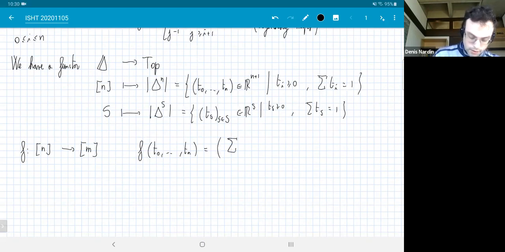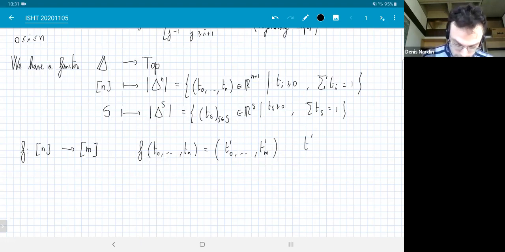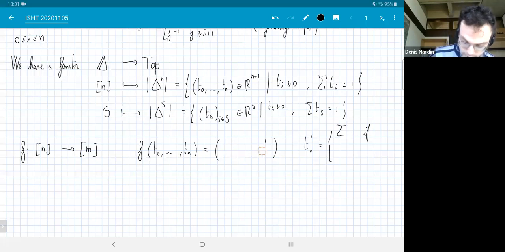the sums of the t_i over the preimages, giving (t'_0, ..., t'_m). Sorry, that's not correct. Actually, no, sorry, what I was writing was perfectly correct.